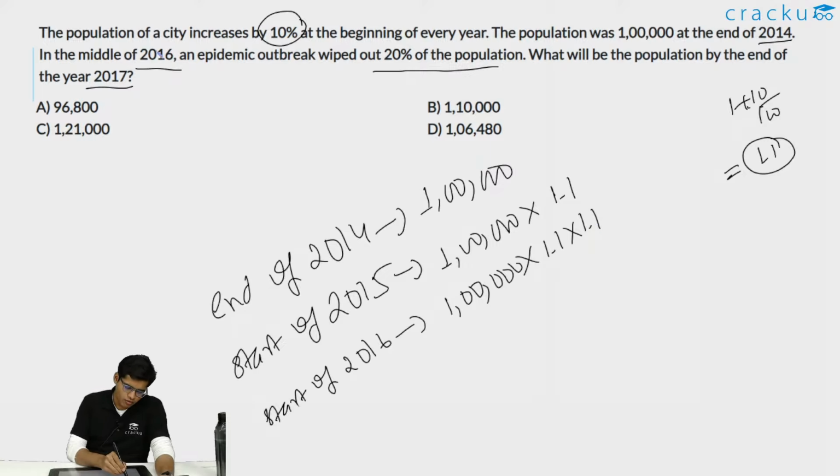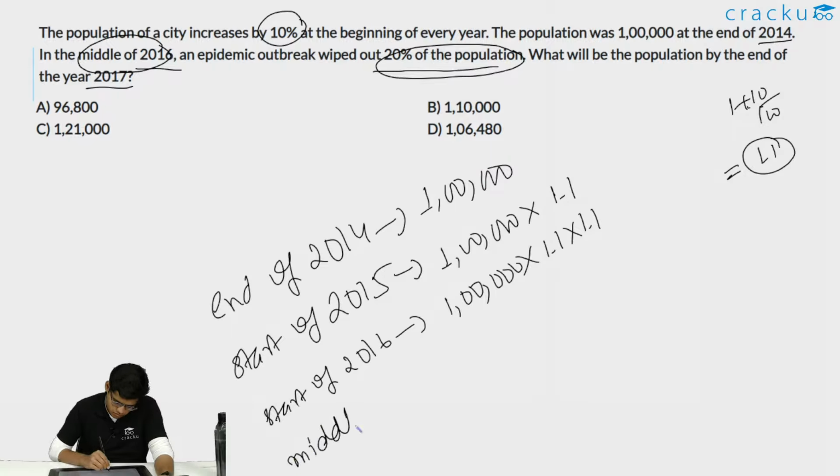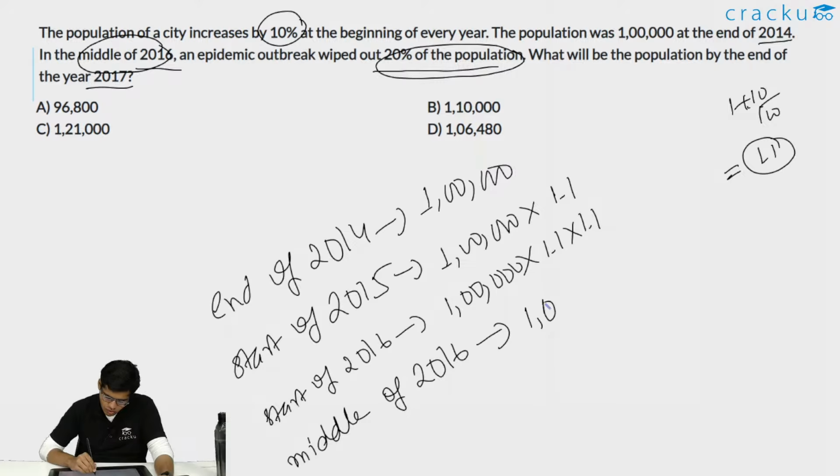Now in the middle, what happened? An epidemic broke out which wiped out 20% of the population. So middle of 2016, it is 1 lakh into 1.1 into 1.1.